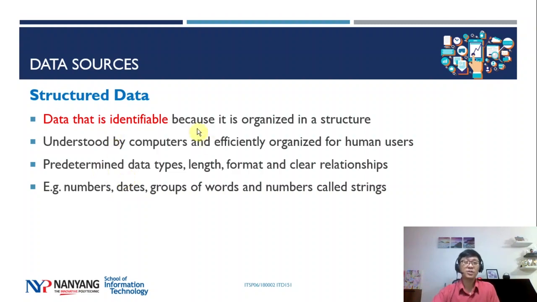So you can define some of these data types. Some of them, of course, are just pure numbers, for example a PIN number, so you define that as six digits or eight digits, etc. So usually data that can be stored in a database is structured.